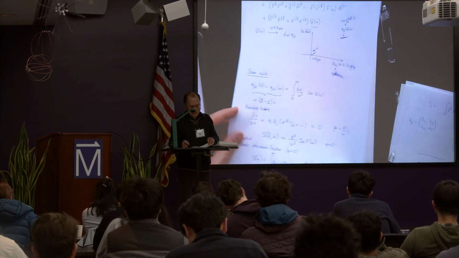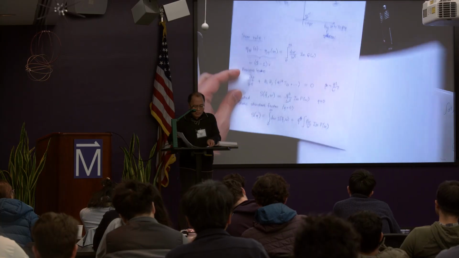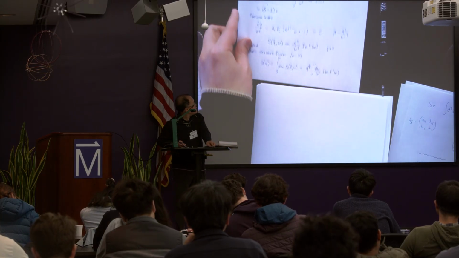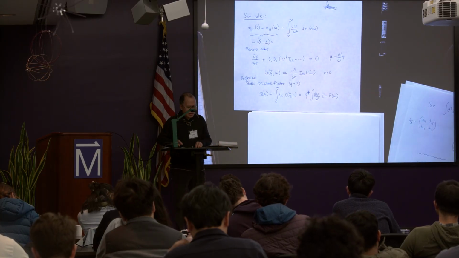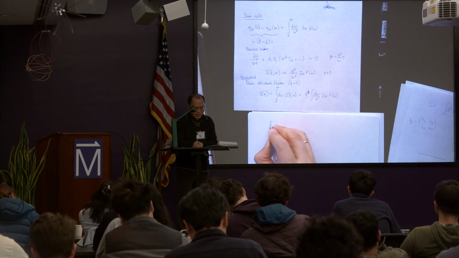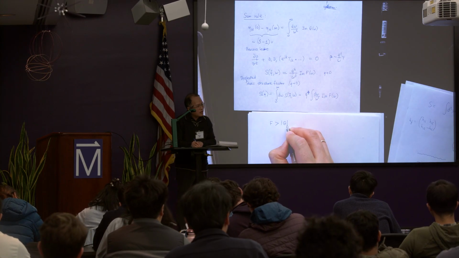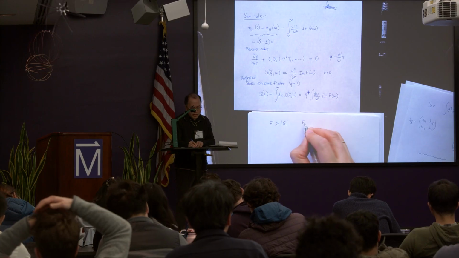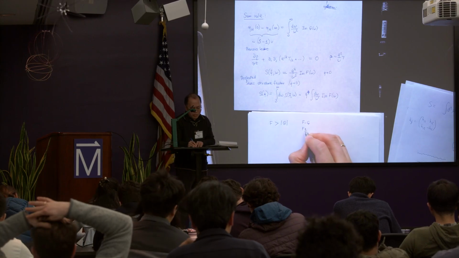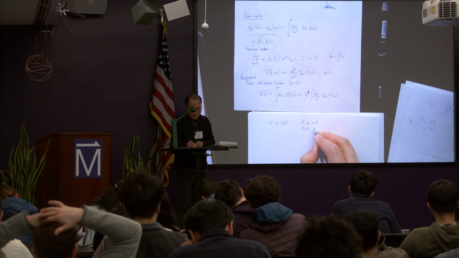Now, there is one more relationship, more like an inequality. One can show f is larger than the absolute value of g. In fact, one can show that f minus g and f plus g both have to be larger than 0.